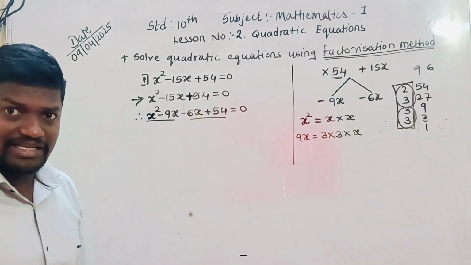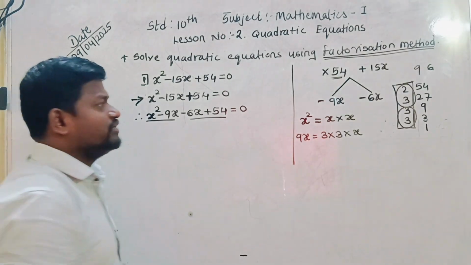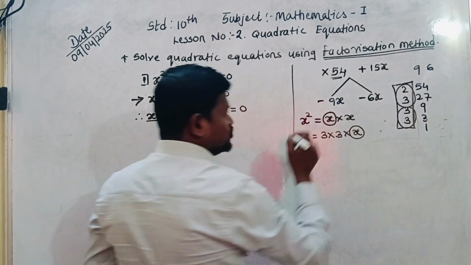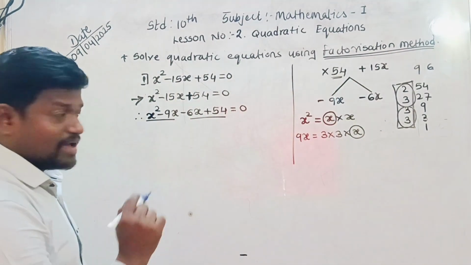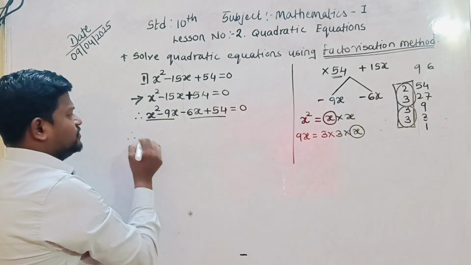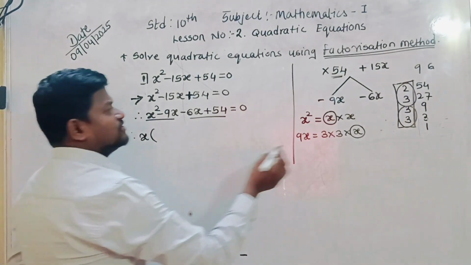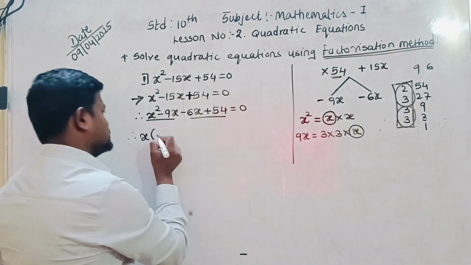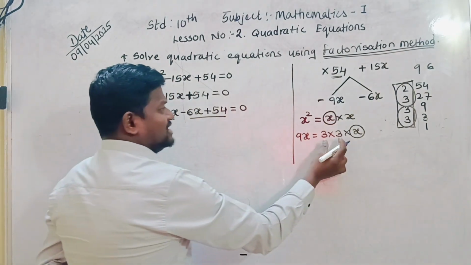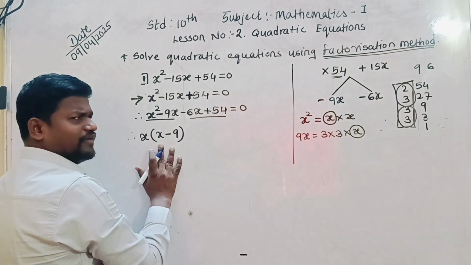So find the common factors among these two. The common factors are x, x. No other factor is common in them. So the common factor we write here is x. Write down the remaining term in the bracket, that is x, sign minus, and 3 3s are 9. So this is our first group.